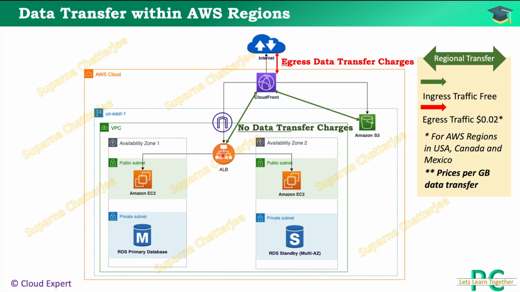We discussed this at the beginning of this video, and you are only going to pay for the egress traffic. That means any data that is propagated from your CloudFront to the internet, and the charge will be 2 cents per GB of data transfer. Please remember, these charges are for AWS regions in the United States and in Canada.